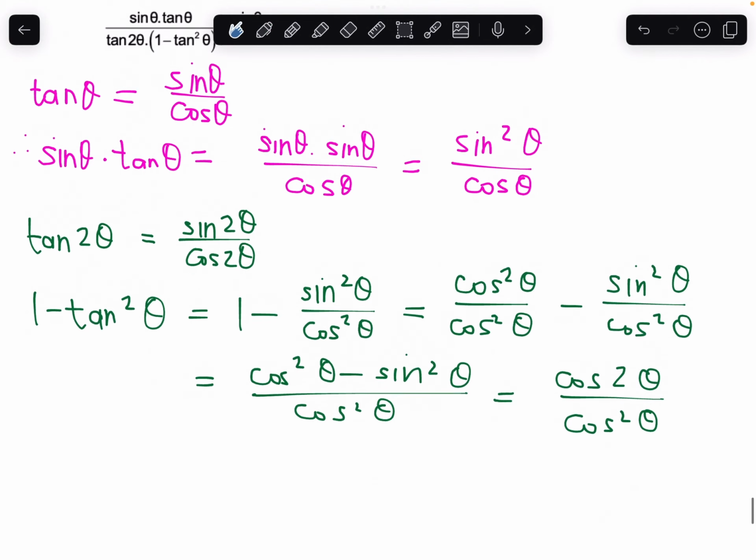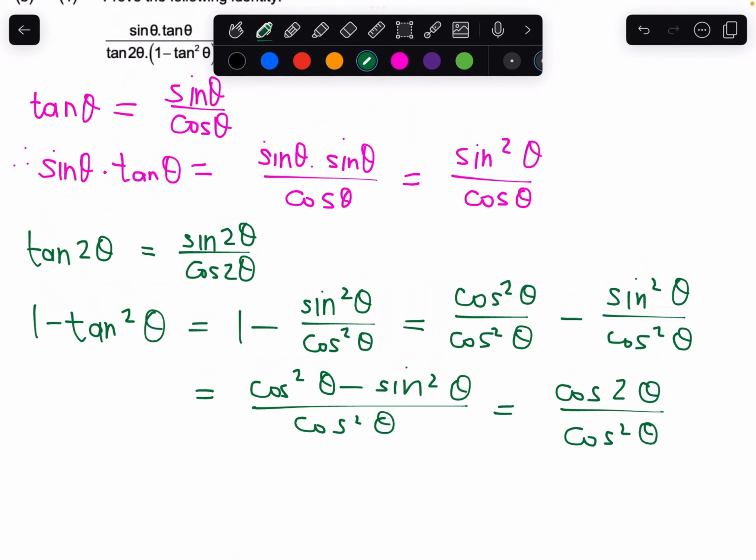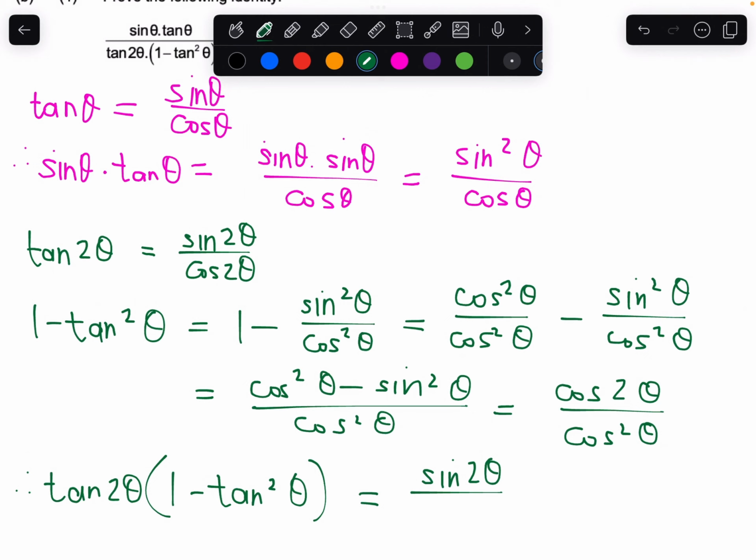Right, so tan of 2 theta times 1 minus tan squared theta is then just the same as sine of 2 theta over cos of 2 theta, this guy, times this guy, cos of 2 theta divided by cos squared theta.